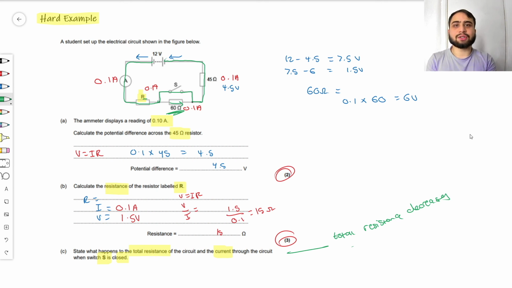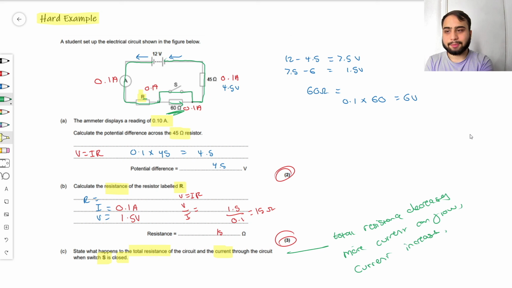Resistance just tells you how much pushback there is against the flow of current. Now, if total resistance decreases, there's less pushback on the current, which means that more current can flow. So current increases. And that would be another 2 marks right there. I hope you understood all of that.